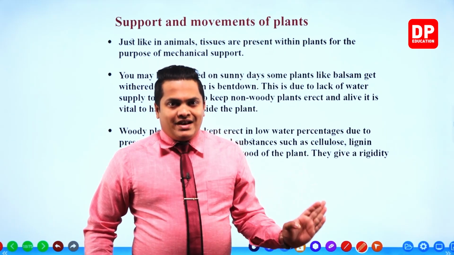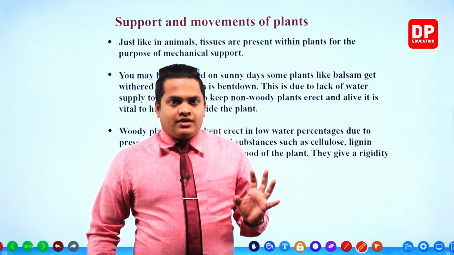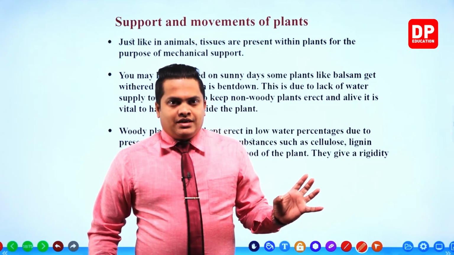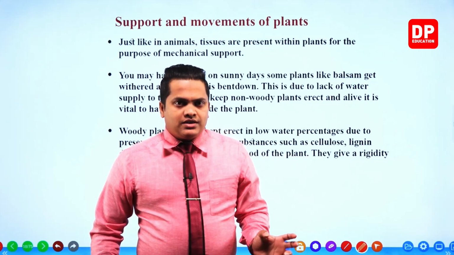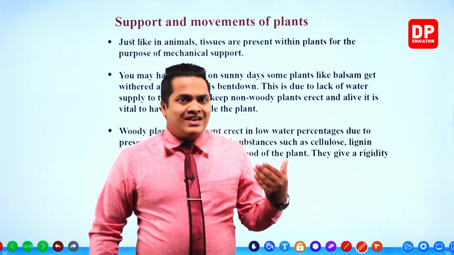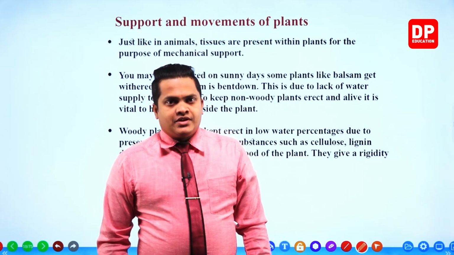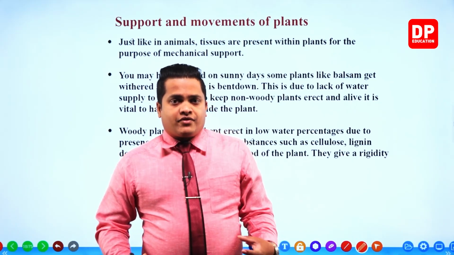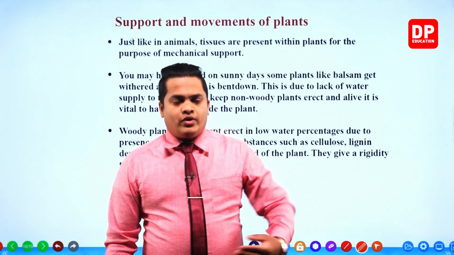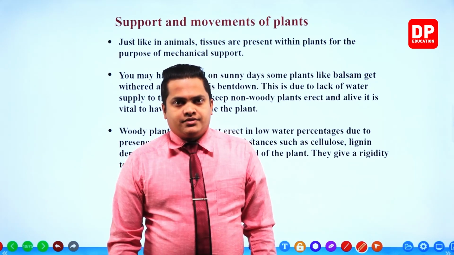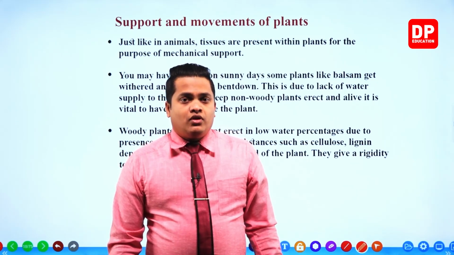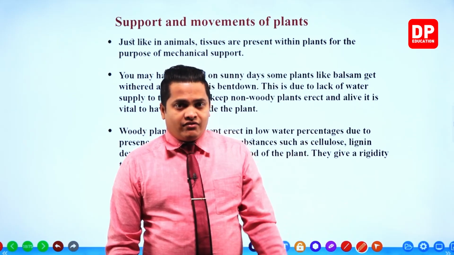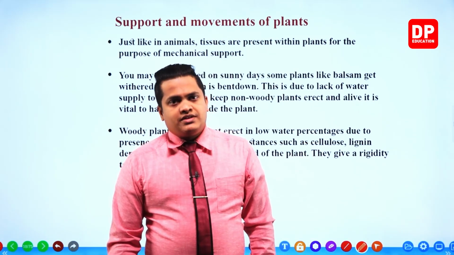So this bending occurs due to lack of rigidity. The lack of rigidity occurs mainly due to evaporation of water. When more water is evaporated from the plant, it will bend more and more. So to keep the plant rigid, especially non-woody plants, water is essential.